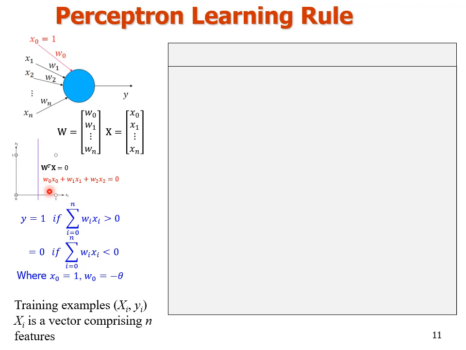This decision boundary is denoted as the dot product of W and X equal to 0, or W transpose X equal to 0.